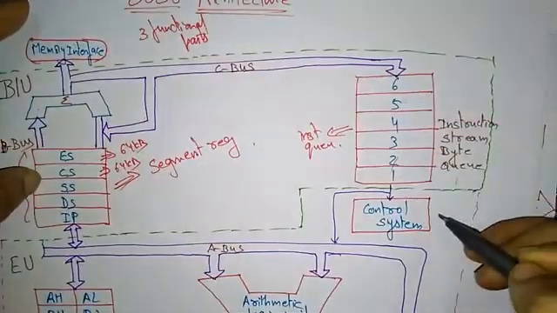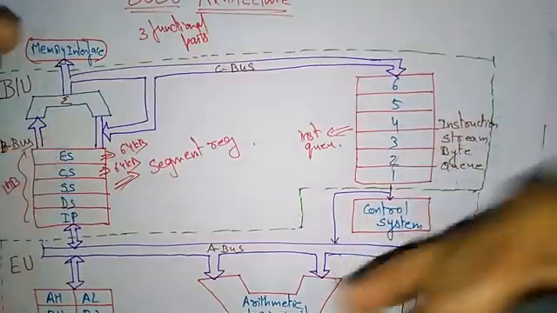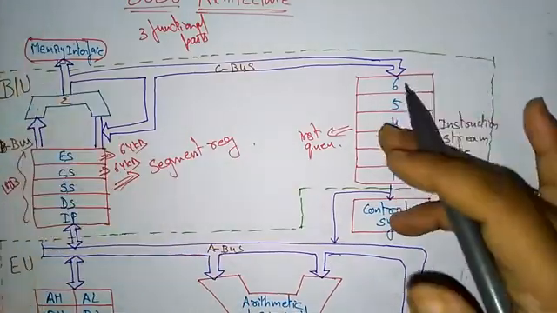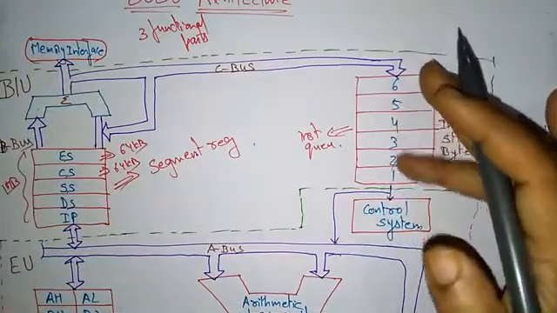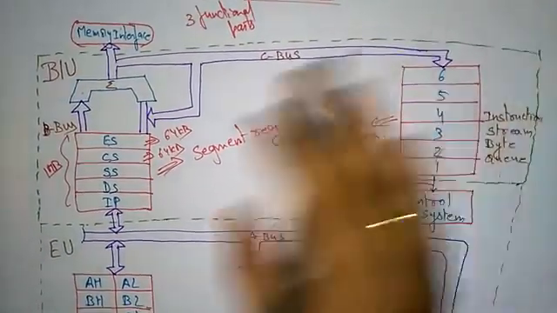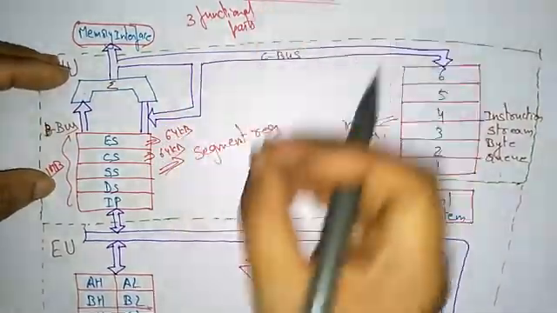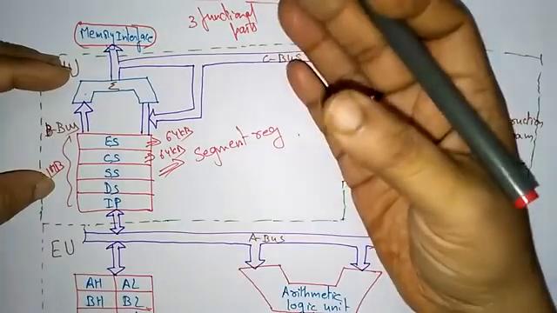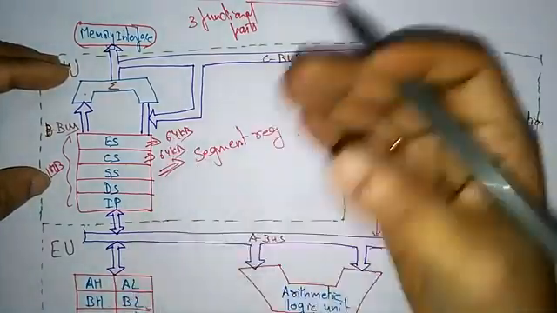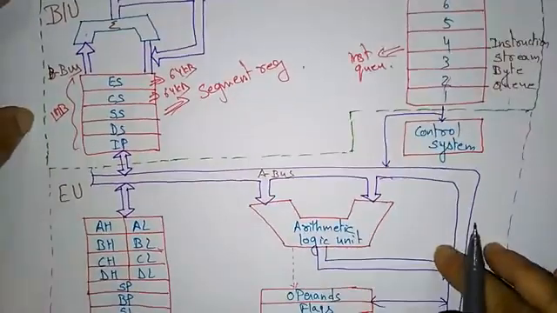In total 6 bytes are there, which store the next data to be sent in the form of a queue, one after the other, based on priority. So the bus interface unit only fetches instructions or data, sends them to ports and memories, and reads data from memory and the ports. In the next video, I'll explain the execution unit. Thank you.